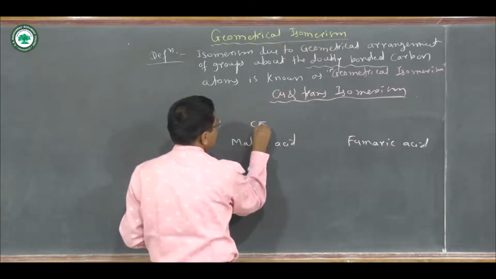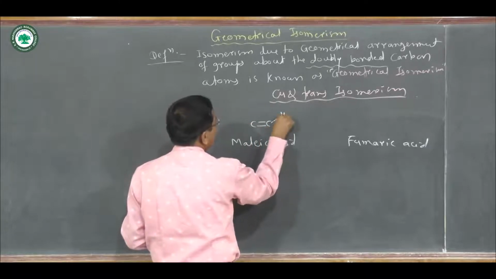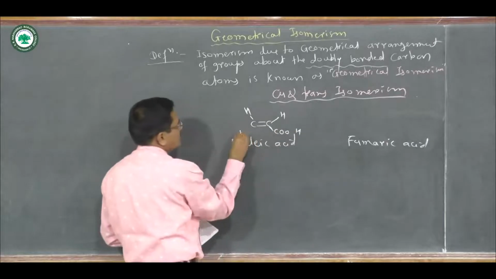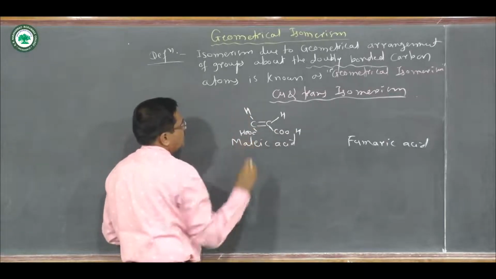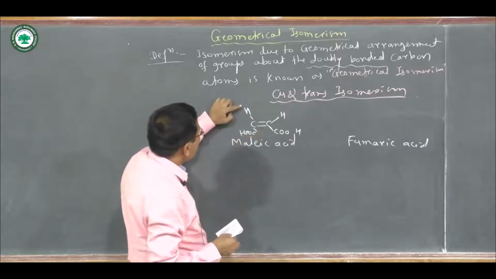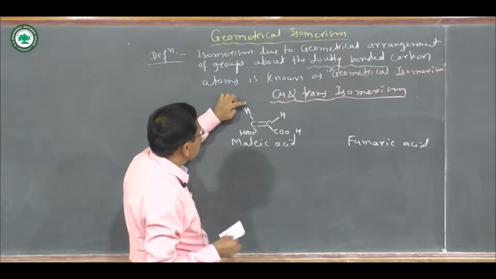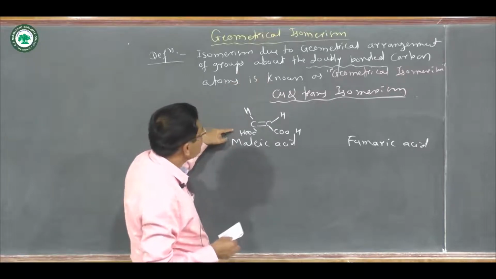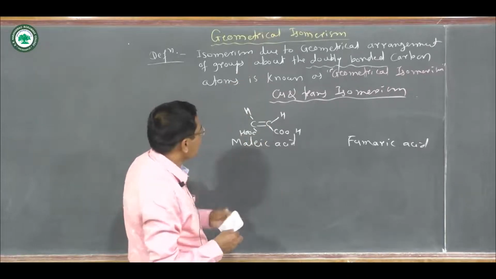Now when you consider the structure related to the double bond, here this is a carbon-carbon double bond and the same groups are on the same side. Hydrogens are on the same side and carboxylic acids are on the other side.